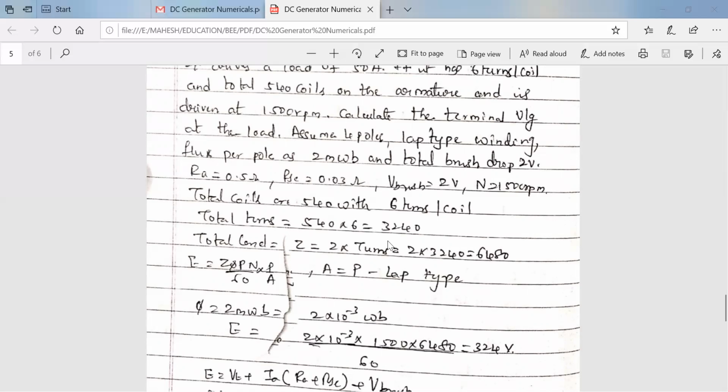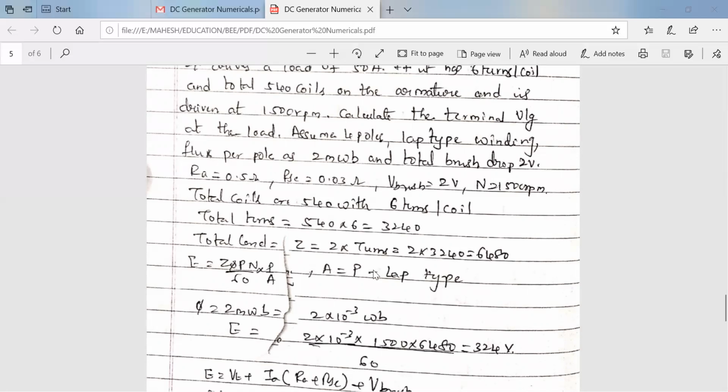You'll get 3240 turns. So to calculate the conductors, the formula is Z equals 2 into number of turns. On substituting the values, we get number of conductors, that is 6480.